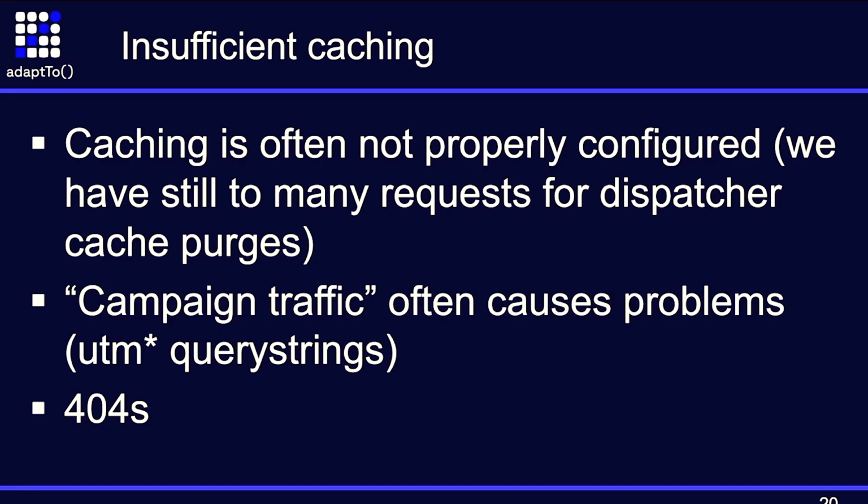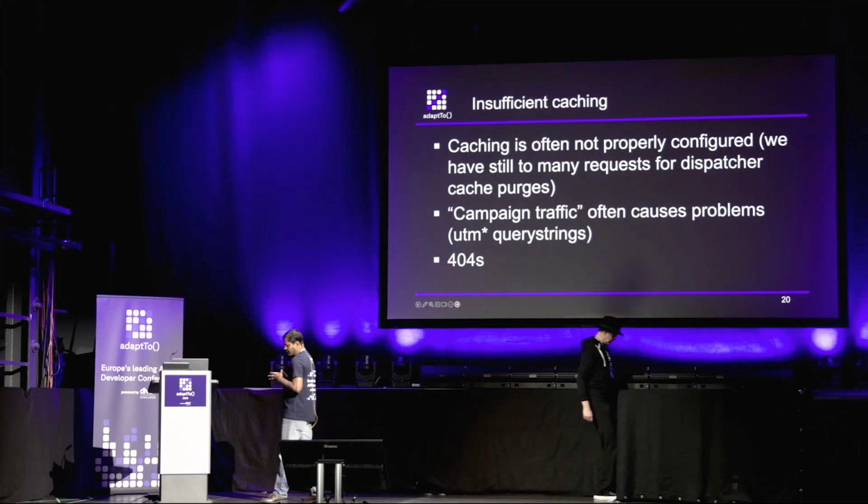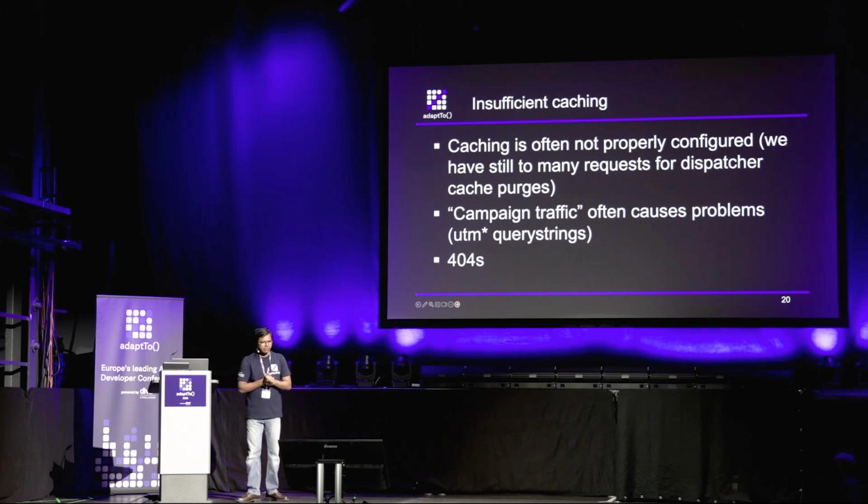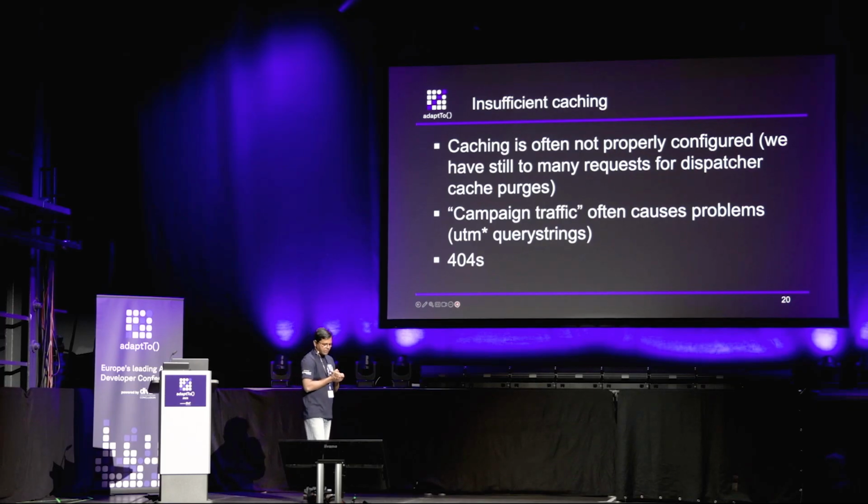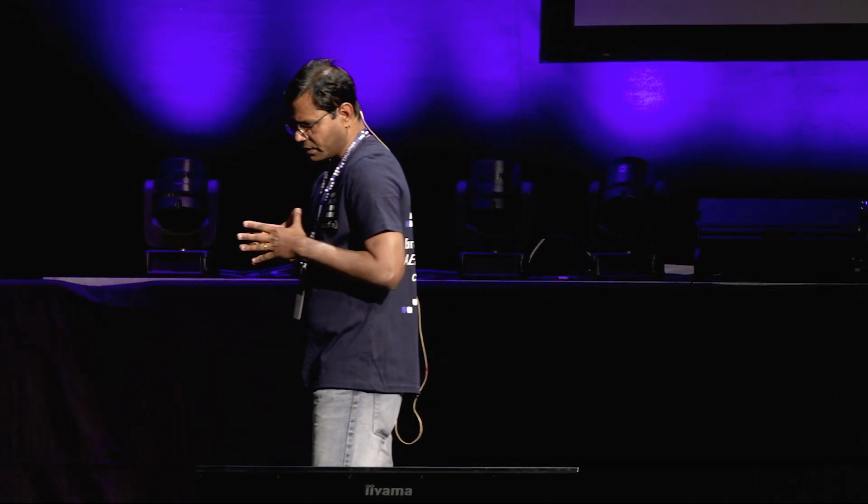The other problem could be where the content caches or the purges are also caused by a large number of query parameters. And incorrect configuration or inefficient caching can then lead to problems where organizations are not able to adapt to a sudden load in the traffic.